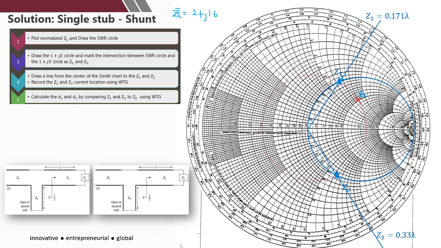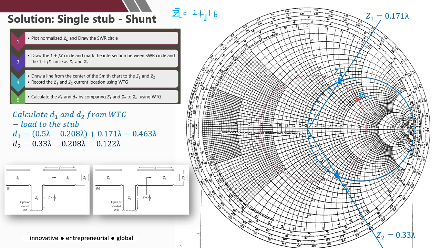And then to get the D, you can calculate the difference from ZL to Z1 and Z2. Alright, from the load to the stub. Okay, so this is your ZL to the stub in this direction, WTG direction.